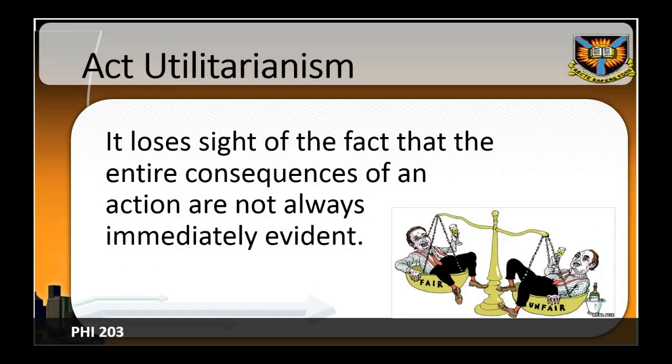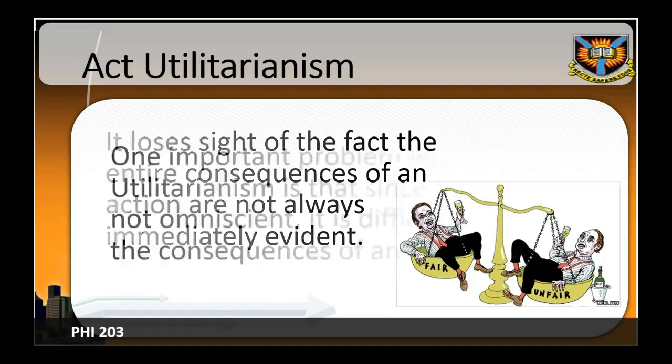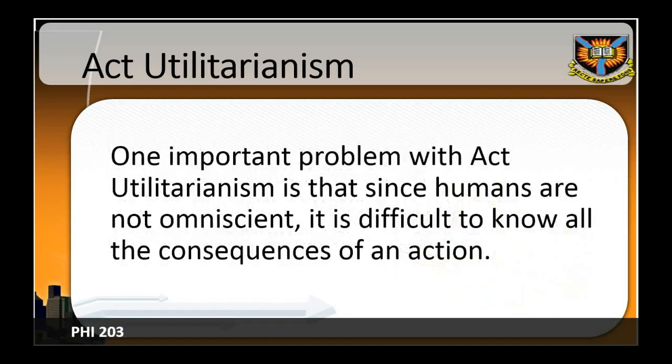However, a remote or long-term consequence might be that if anything should go wrong, she might not be able to become pregnant again in the future after getting married. In other words, one important problem with act utilitarianism is that since humans are not omniscient, it is difficult to know all the consequences of an action.